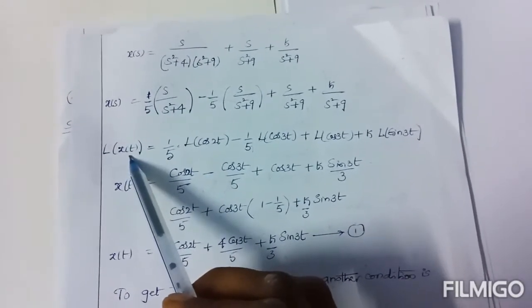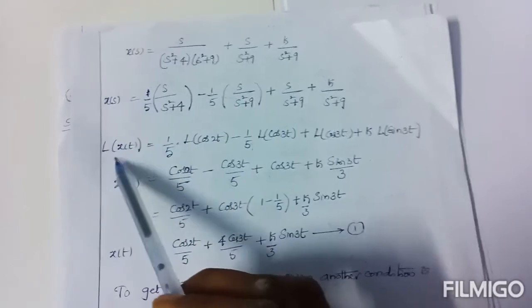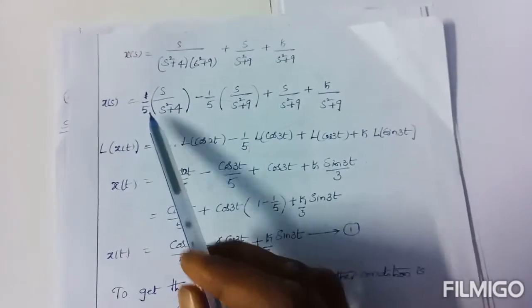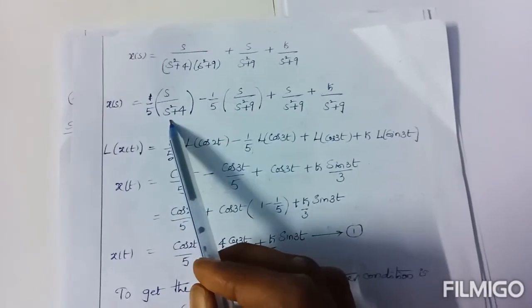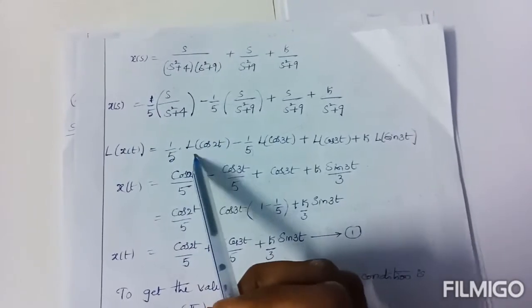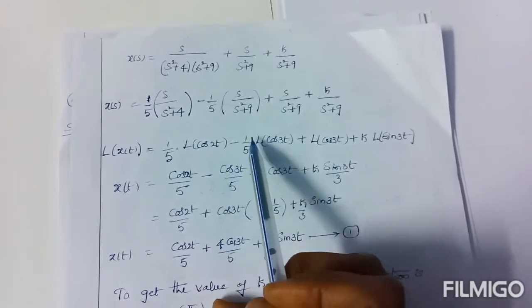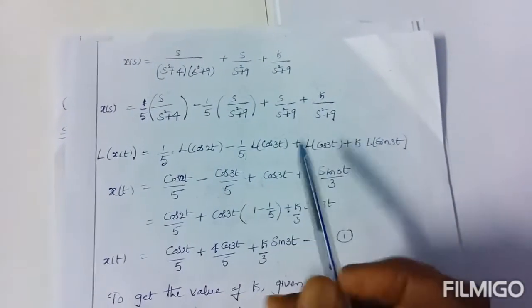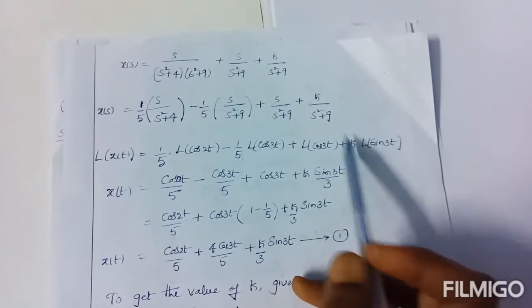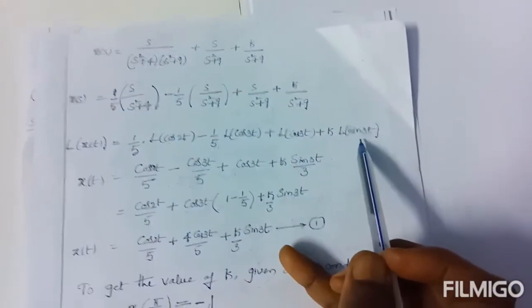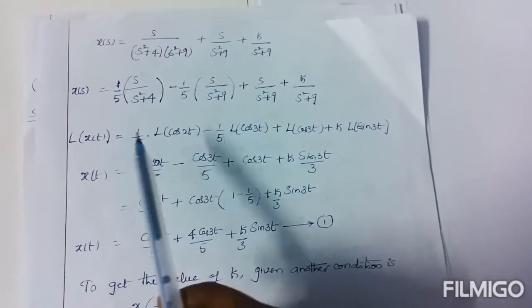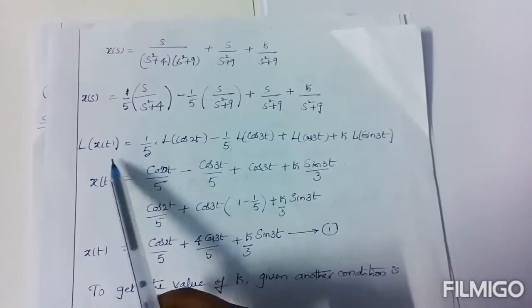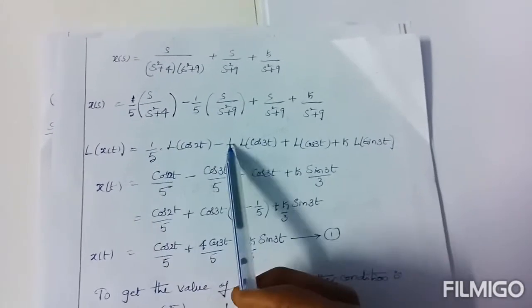That's why I considered x of s as L of x of t. So 1 by 5 L of cos 2t, minus 1 by 5 L of cos 3t, plus k constant, L of sin 3t. Now on both sides there is an operator L, and you can cancel it on both sides.